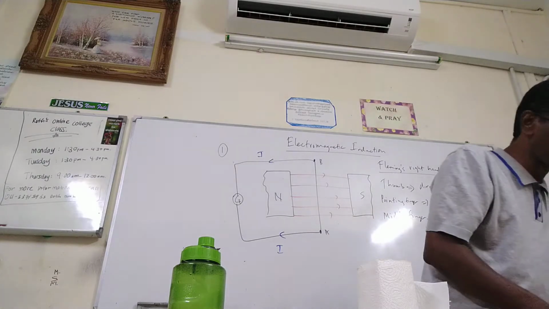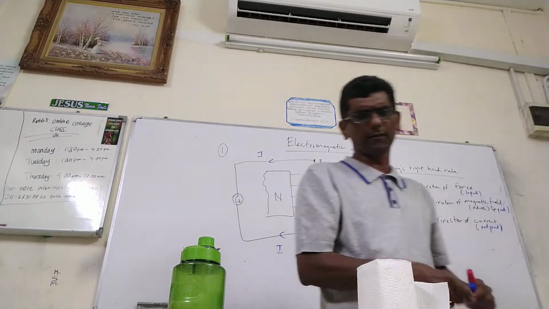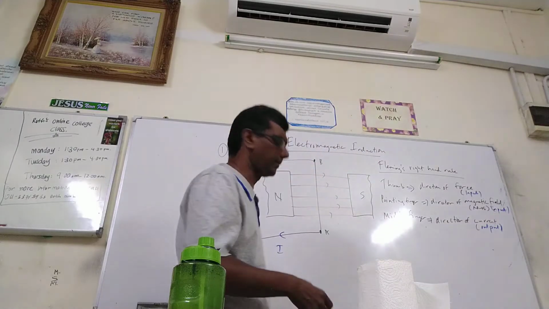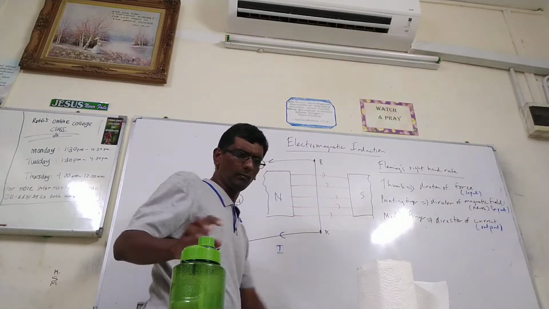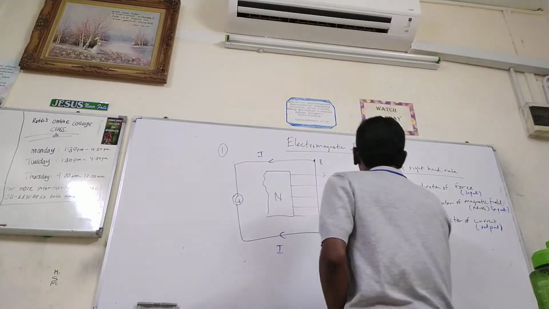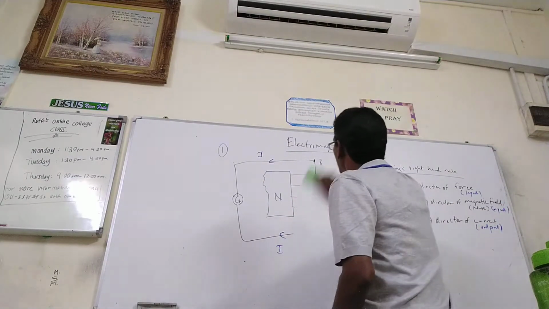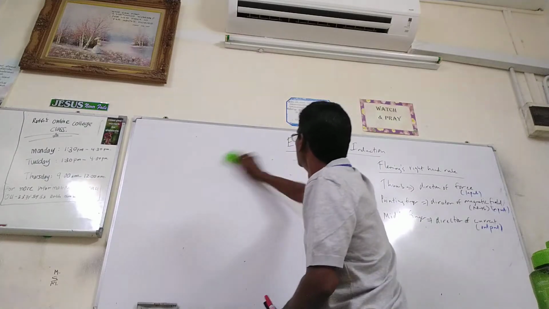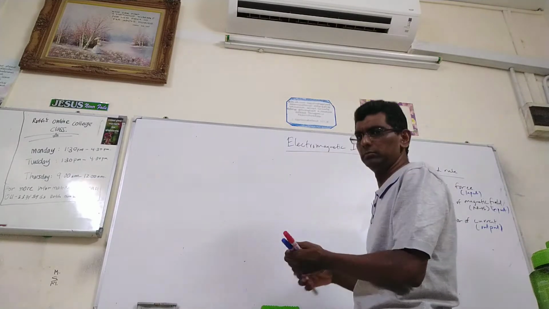We call it magnetic field linkage with the coil. This is number 2.